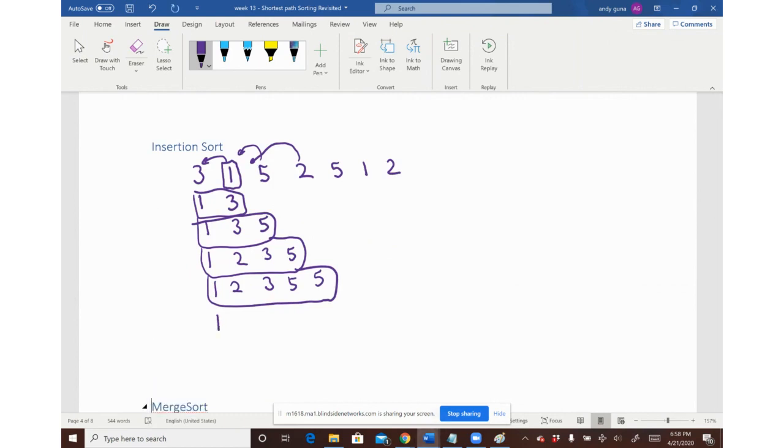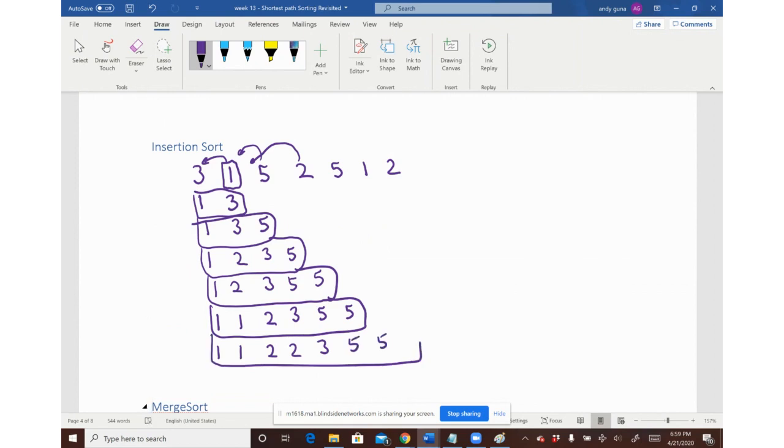If you insert 1, you're going to insert 1 somewhere, either just after 2 or just before, depending on how the algorithm is implemented. And then you insert 2. And finally, you get the sorted array. Okay, so that's called the insertion sort.